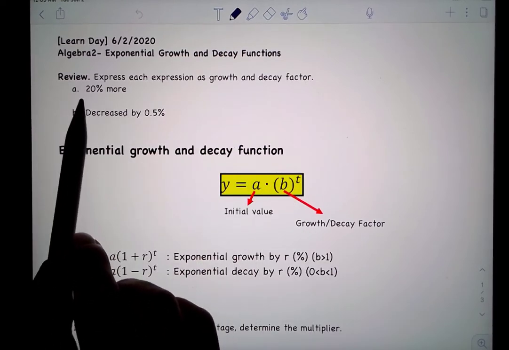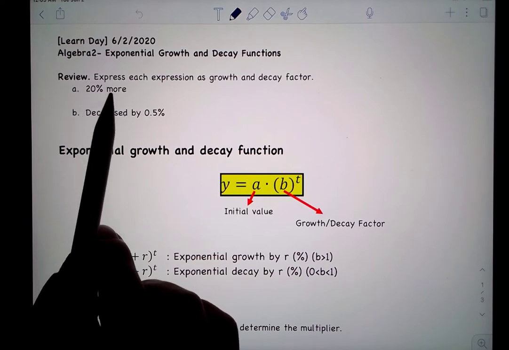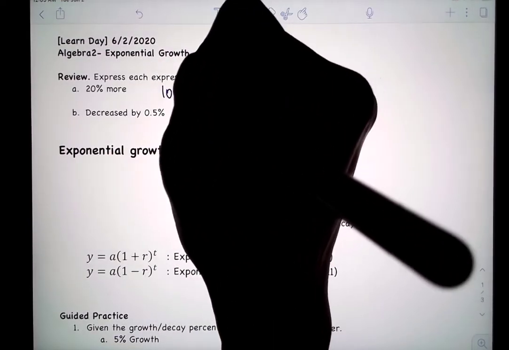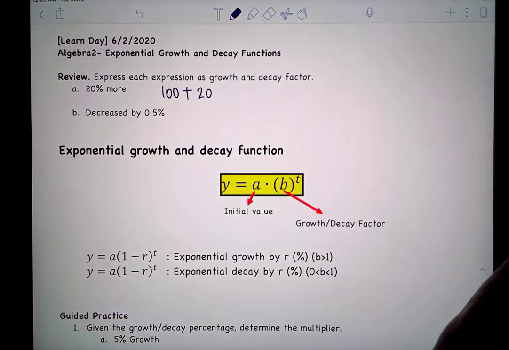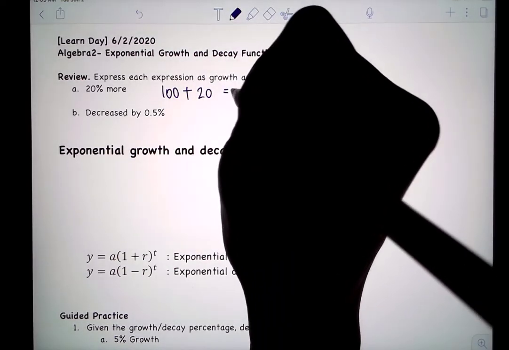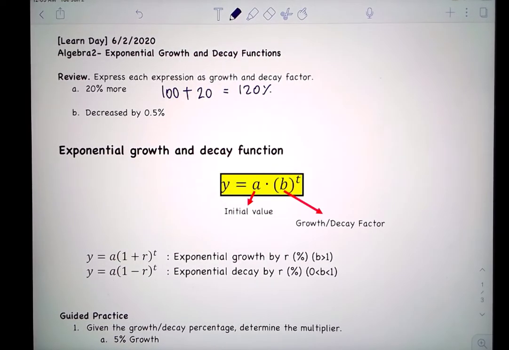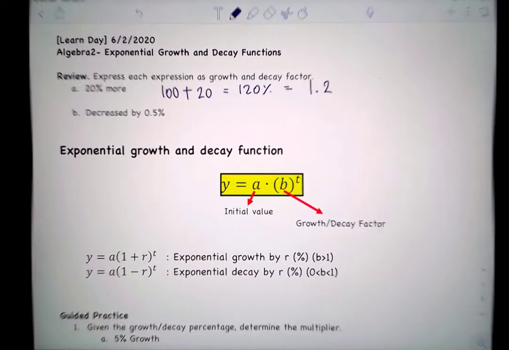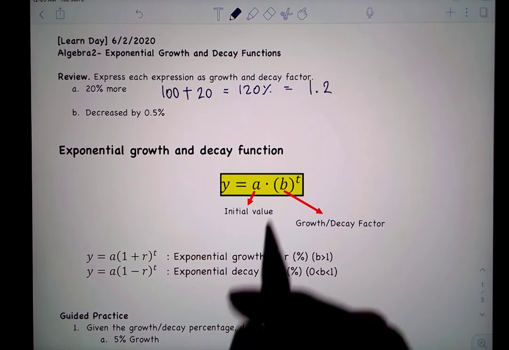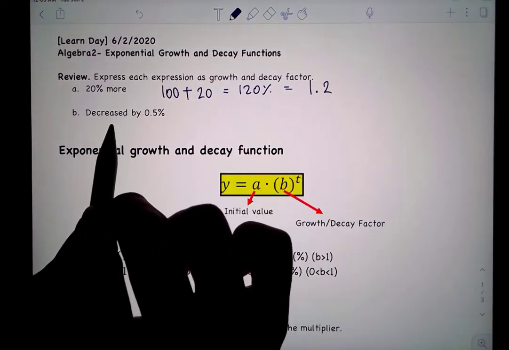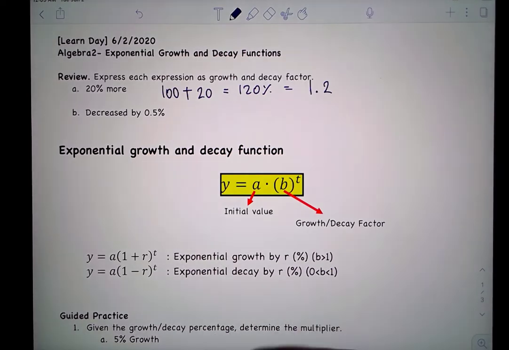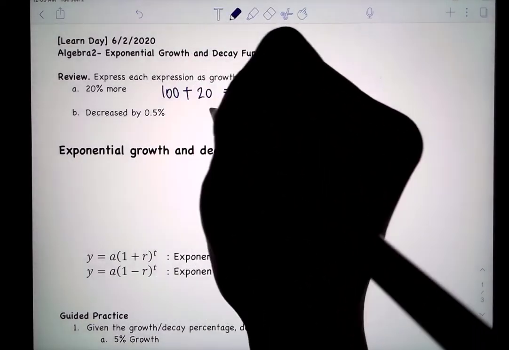So that means if it says 20% more, then we did what? 100 plus 20%, right? So you will get 120%, which is 1.2, right? Remember, we did this one yesterday, and decreased by 0.5. So when it's decreased or less than those decreasing words, then we subtract it.